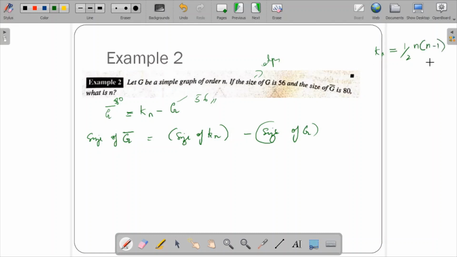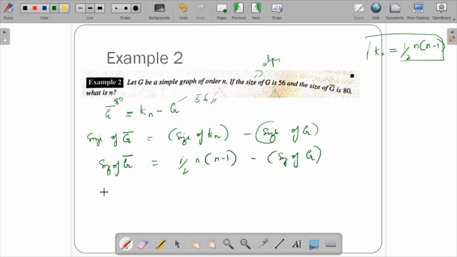We have already solved this problem in the previous sessions, so just recall this formula and I'm going to use it over here. Since size of Kn is half into n into n minus 1, then size of G bar as it is, I'm going to write minus size of G.